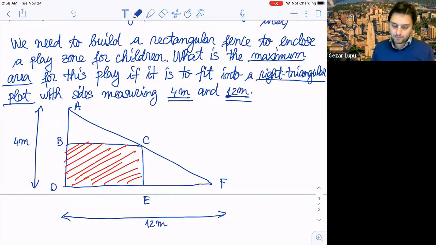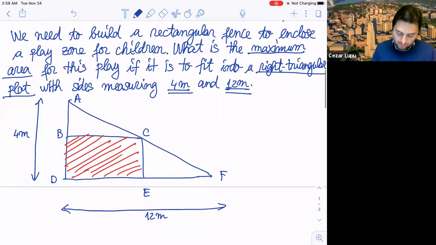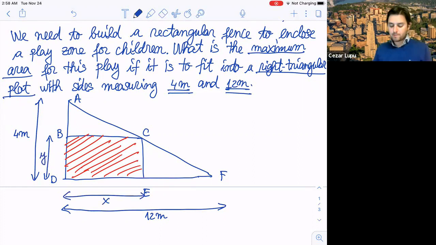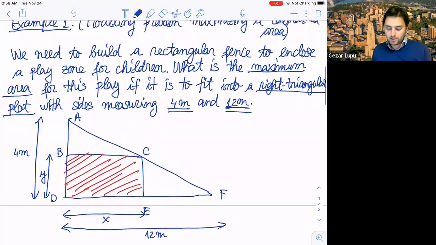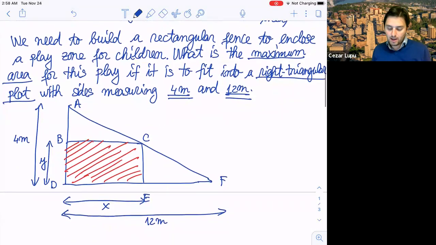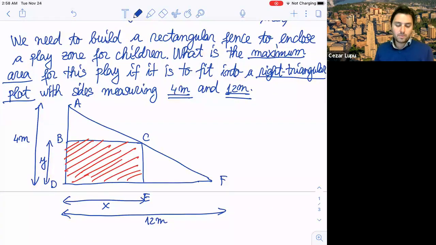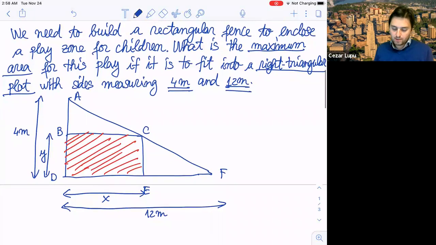All right, that's great. Then the distance from here to here will be, this is an X, and this is here a Y, right? And now what we're interested in is to find the area of the play zone. So let's write this.